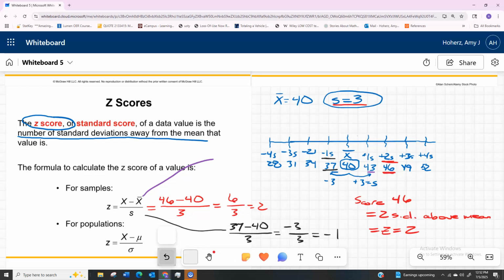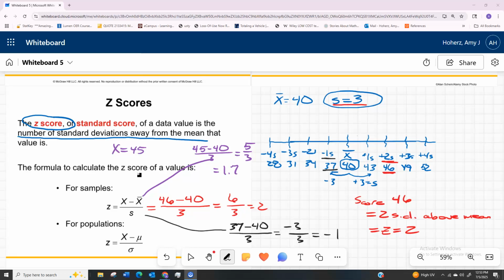It's in between those. So let's say that their score was a 45. Okay, so their X is 45. Their score, whatever that student scored, was a 45. Then you would take 45 minus 40 and divide by 3, which gives us 5 divided by 3, which gives you 1.7 if you round that. It would come out to be 1.6 repeating, and then we would round that to 1.7.